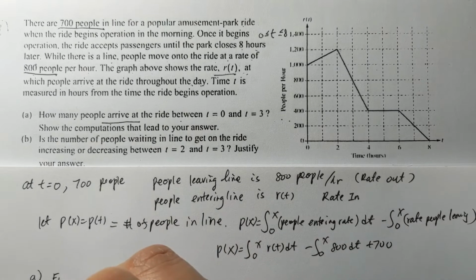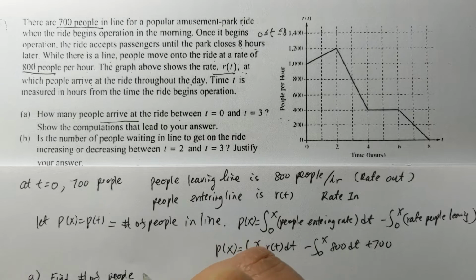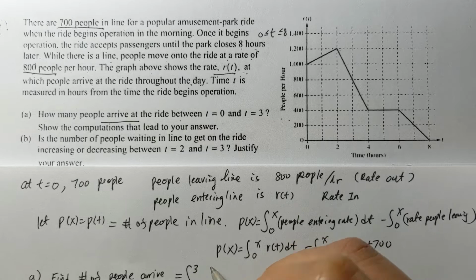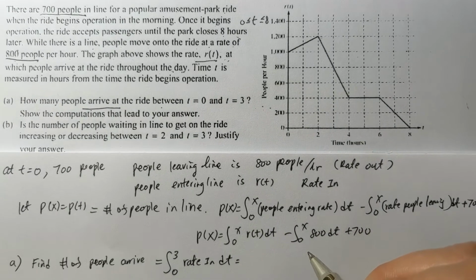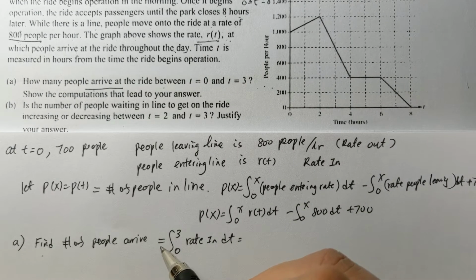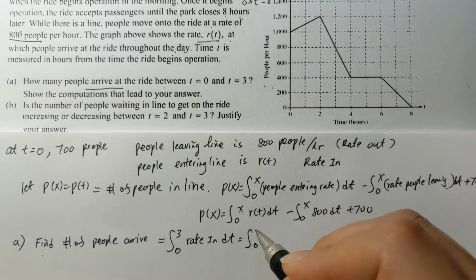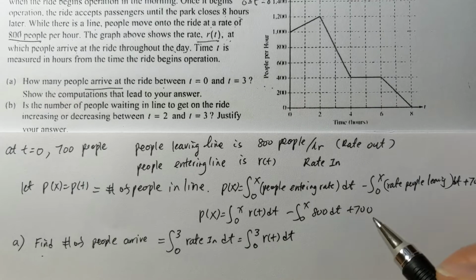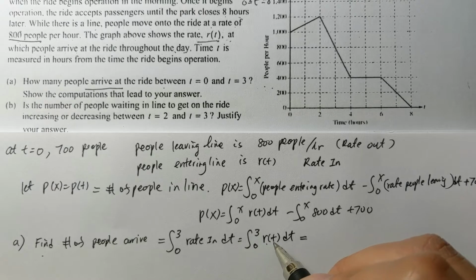So we have to find the number of people arrived. It will be the integral from 0 to 3 of the rate in dt. The rate in is R(t). So we're going to find the integral from 0 to 3 of R(t) dt.